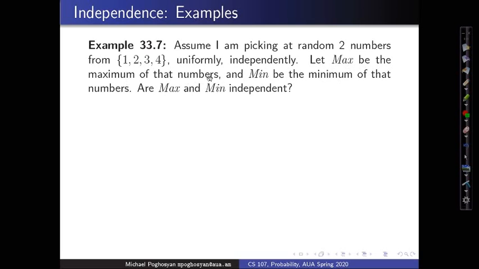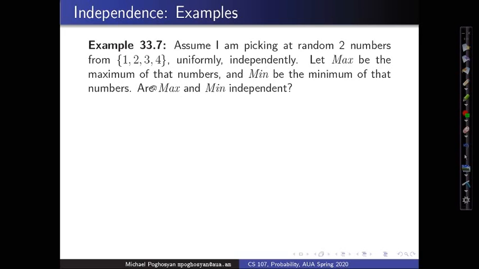So I will have two numbers. Say first time I'm choosing 3, second time I'm choosing 1, then maximum is 3, minimum is 1. In general, maximum and minimum will be random numbers, because before doing that experiment, before picking two numbers independently, I will not know the values of max and min, so they are random variables.